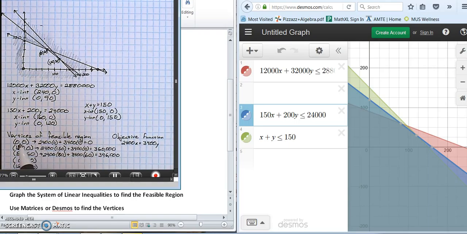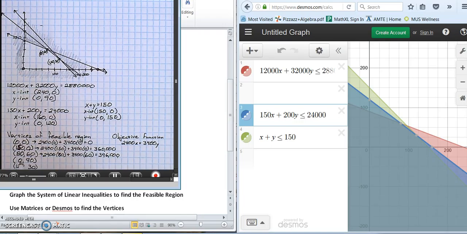When I put in the ordered pair 0, 0, I got 0 for profit, which makes sense. When I build no homes, I get no profit. The ordered pair 150, 0 means I'm building 150 type 1 homes and 0 type 2 homes. That profit ends up being 360,000. If I build 80 type 1 homes and 60 type 2 homes, I end up with a profit of 396,000.